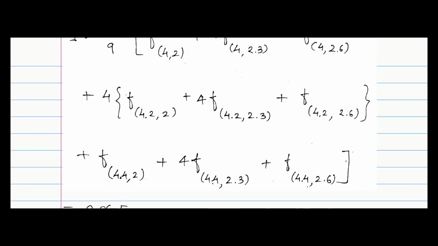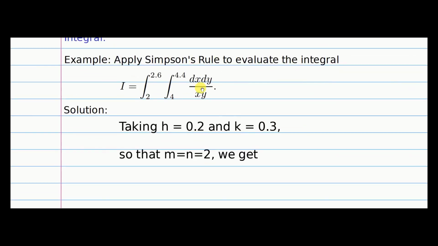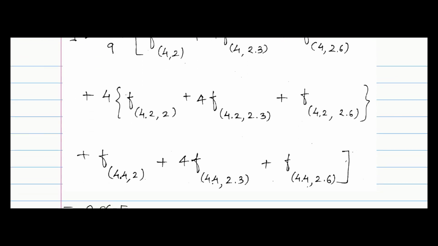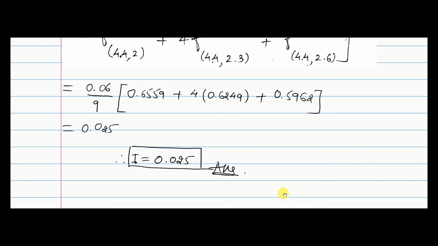Now you can find all these entries because you know the function f(x,y) is 1 upon xy. So we have found all these values, substituted here, and simplified to get the desired answer. In this case the answer is I equal to 0.025. Fine. So in this way you can derive any kind of double integration formula.